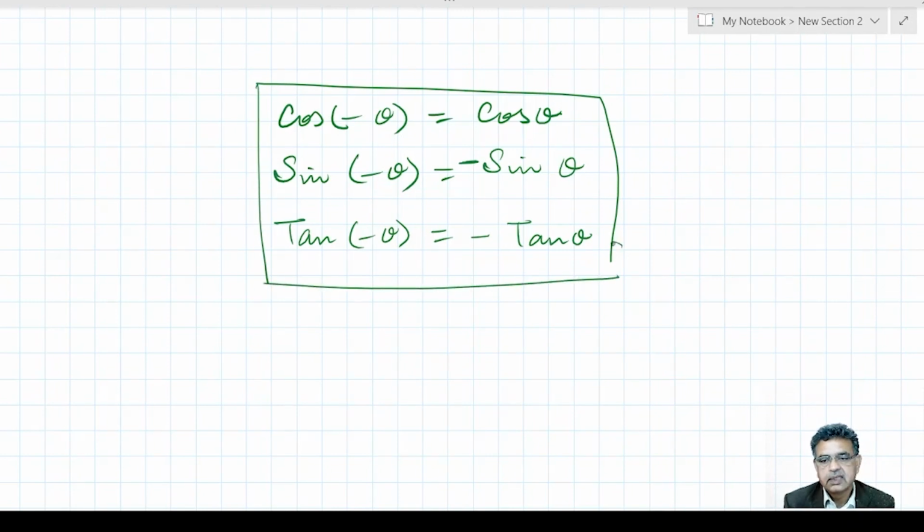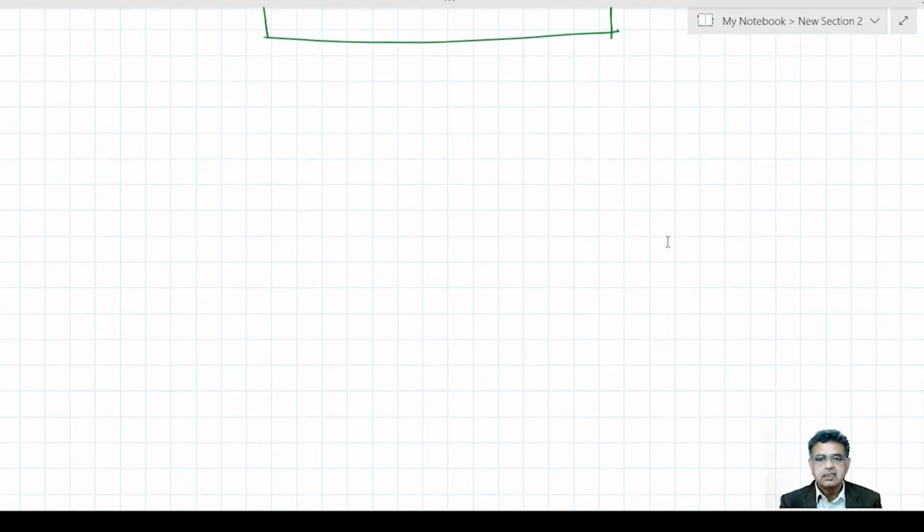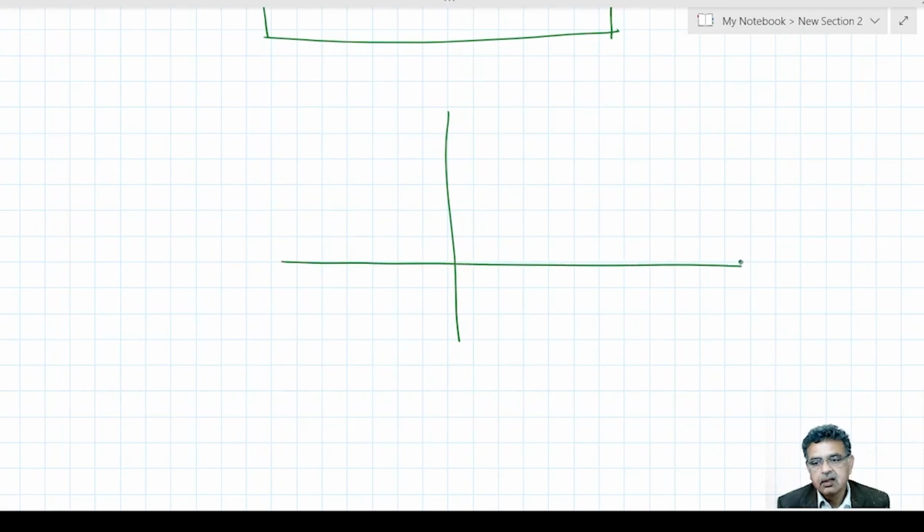And sometimes some students get confused about the angle more than 90 degrees. Like if the line is here, then this angle is 120, and equivalent to same angle, if line is here, this angle is minus 120.